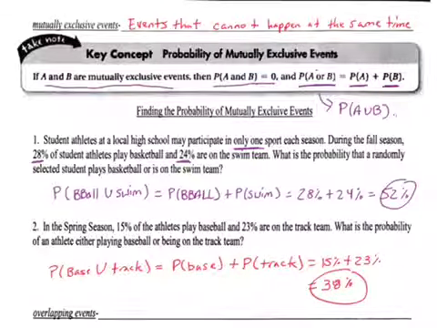Overlapping events are events that have outcomes in common. And so when we try to calculate overlapping events, we calculate for each event, and then we have to take away the part that overlapped because we would be counting it twice.